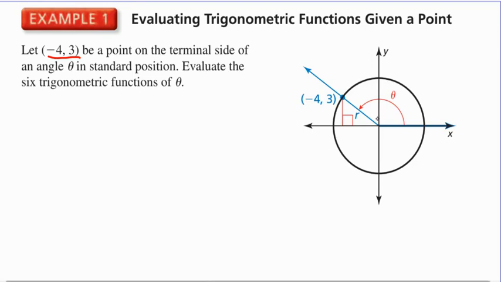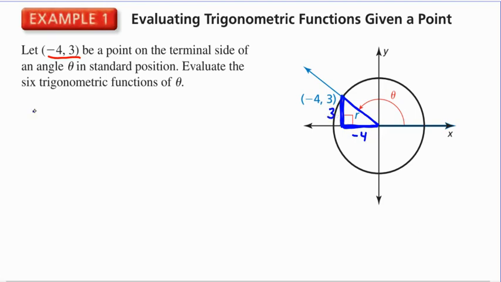Okay, so if we look at our triangle right here, here we have the value of r, and then I'm going to draw this triangle to the nearest x-axis, and this is going to give me a triangle that I can use the Pythagorean theorem on. If this point is (-4, 3), that means that on the x-axis I've gone -4 units, and then on the y-axis I've gone 3 units.